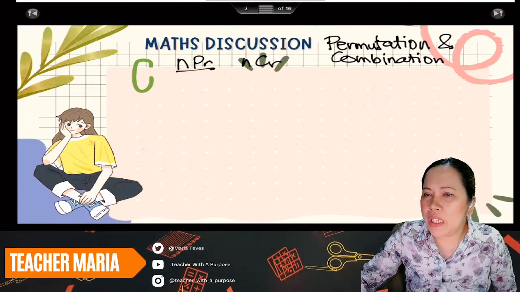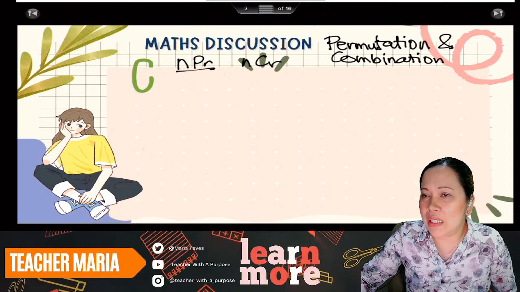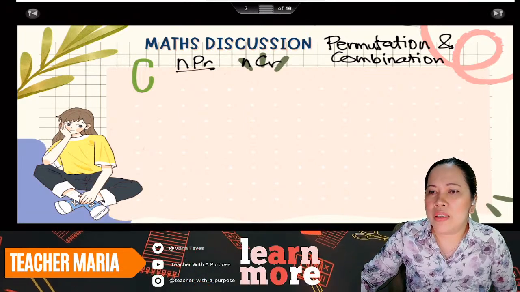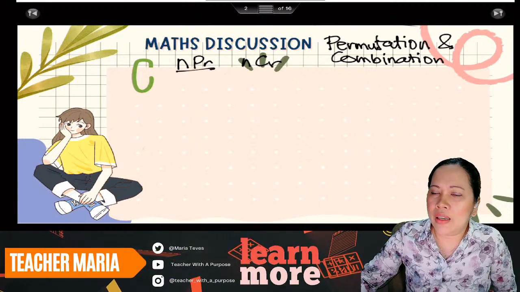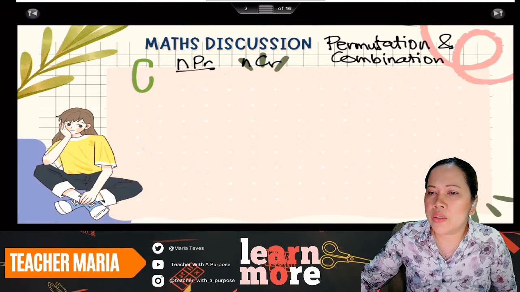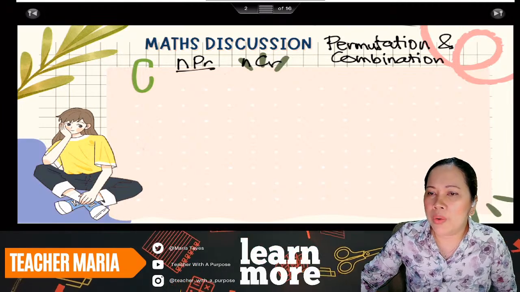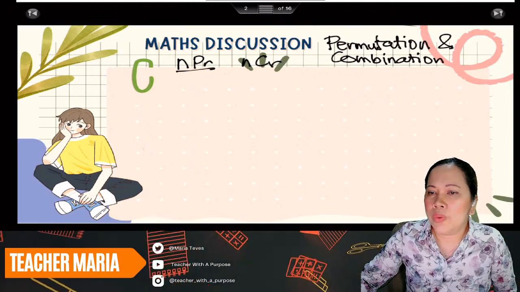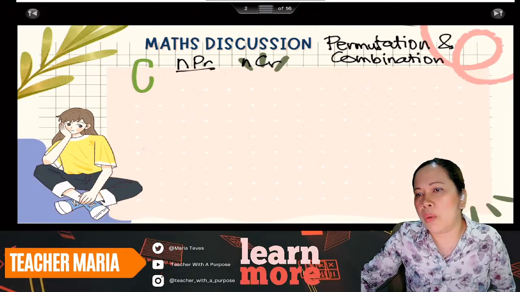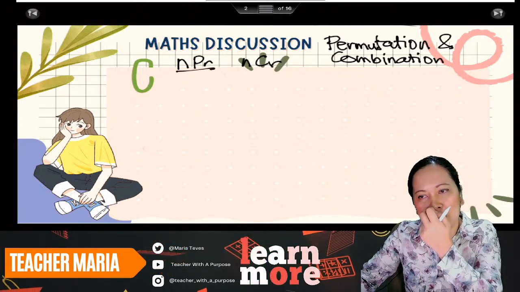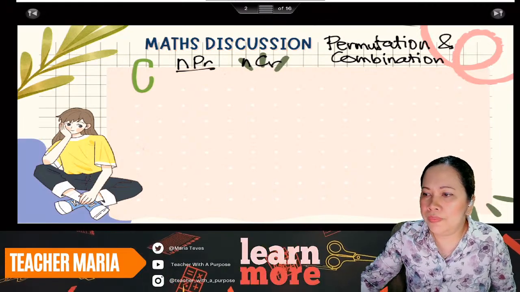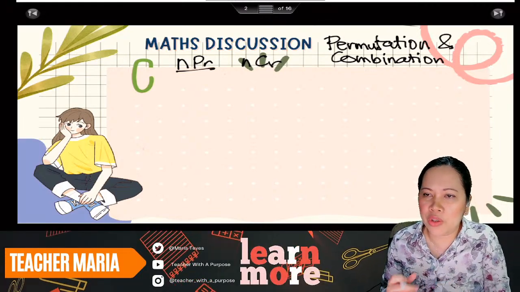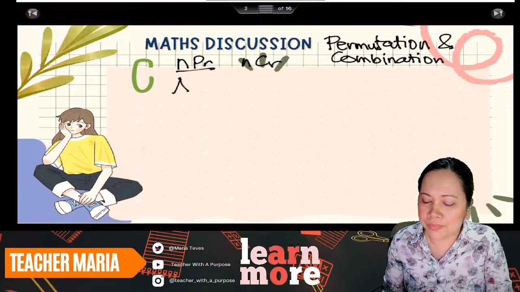So again, permutation is having distinct objects in order, and combination doesn't require ordering. So it will be nPr or nCr for a permutation or combination. So for example, you have a club.